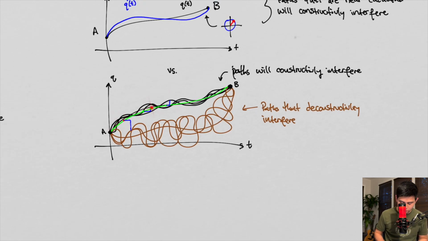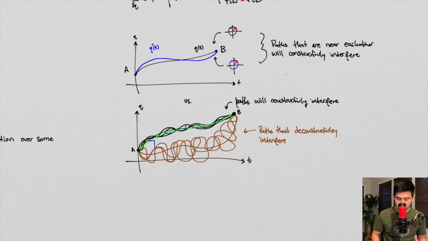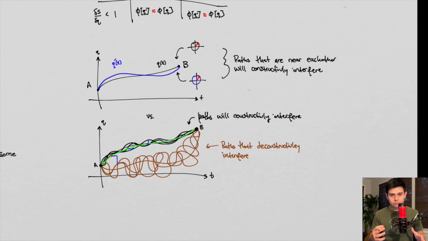Those are the paths that are less likely to happen. And this is how we make sense of the path integral formulation as we transition from quantum to classical.